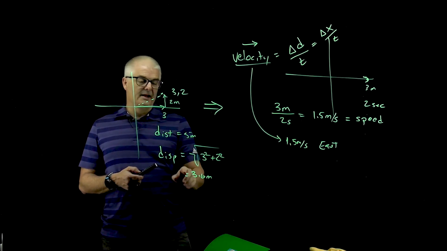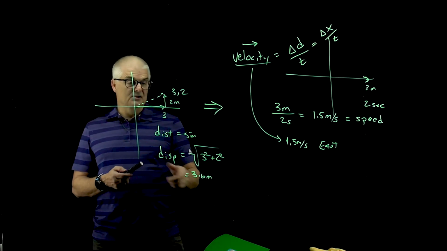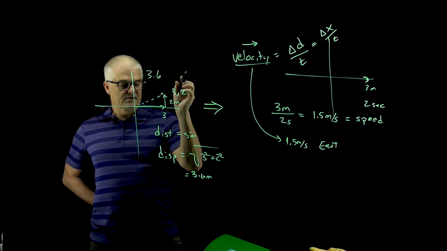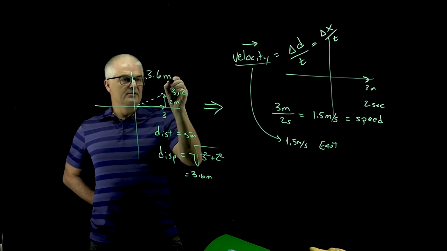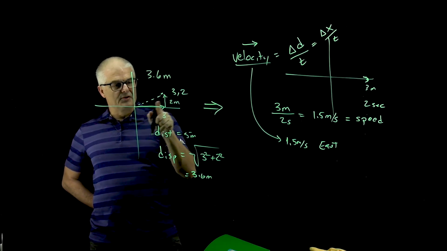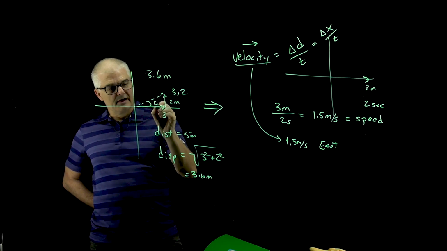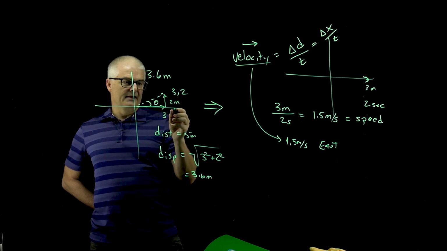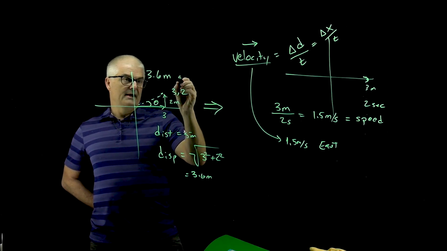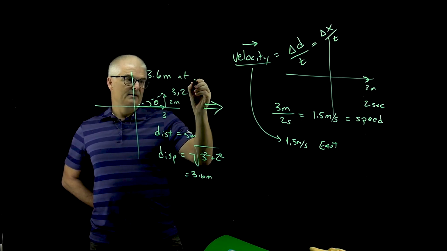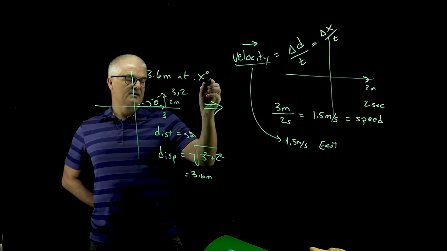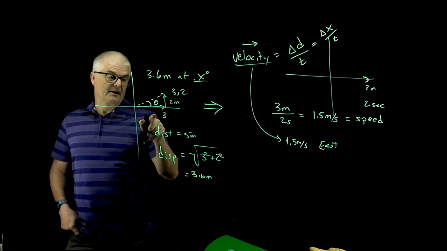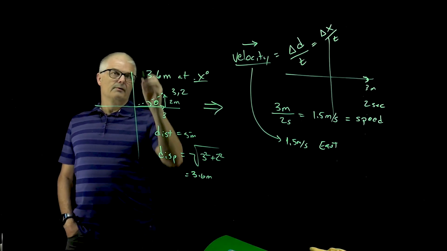There's no direction. Let's go back to this one, where we can have a displacement vector. We can say 3.6 meters, and now we have to say what the direction is. We'd have to use some trigonometry to figure out what that angle is. Actually, how would you do that? It wouldn't hurt us to figure that out. What you do is SOHCAHTOA.